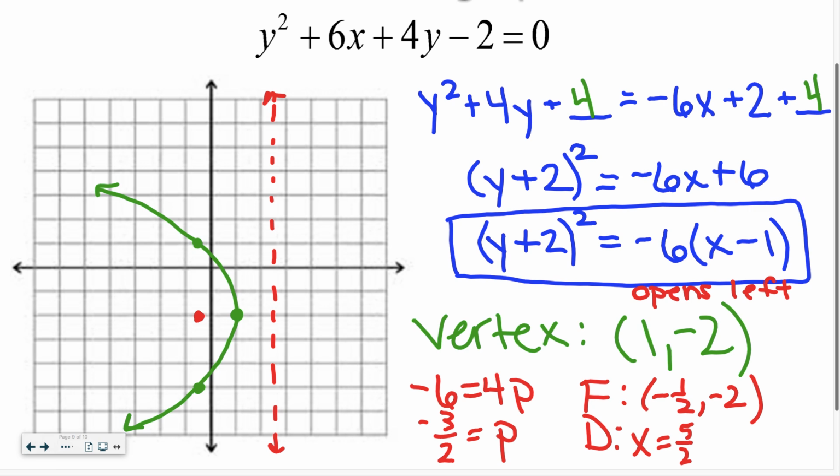Not until probably this afternoon, but I will post my graphs for the homework assignment so you can compare exactly how mine look to how yours look. So instead of using Calc Chat or the back of the book to check your answers, please go onto my website under Chapter 10 and compare your graphs to mine.